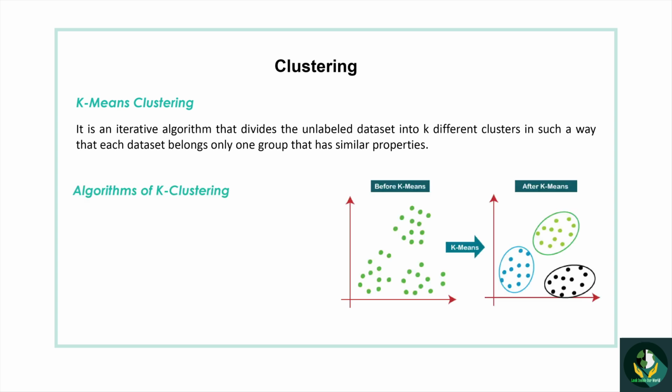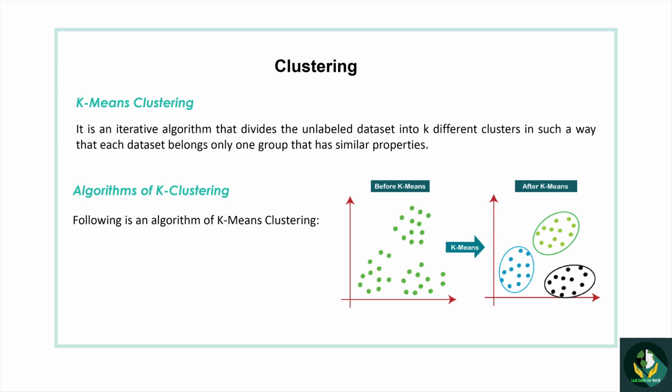The letter k defines the number of predefined clusters that need to be created in the process. It allows us to cluster the data into different groups in a convenient way. This allows it to discover the categories of groups in the unlabeled dataset by itself and without the need for any training. As we can see in the picture, the data is being categorized into similar groups.